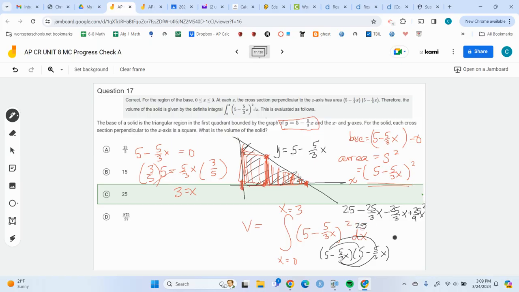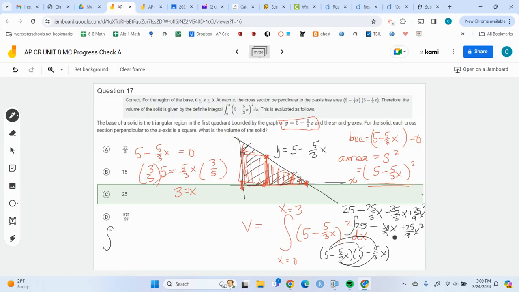Okay, so 25 minus 25 thirds minus 25 thirds is negative 50 thirds x plus 25 over 9x squared.